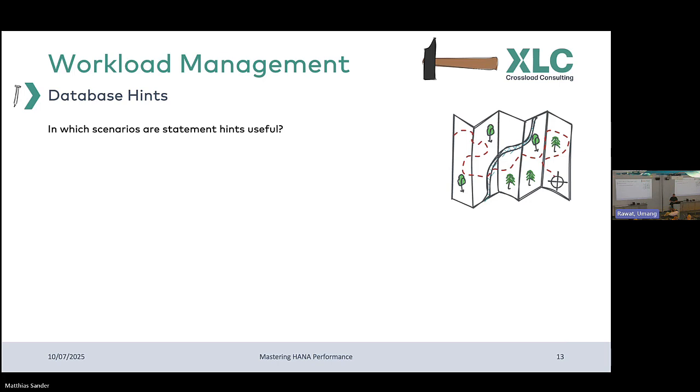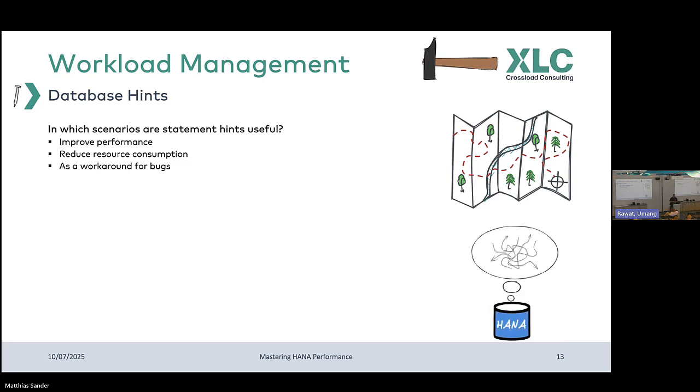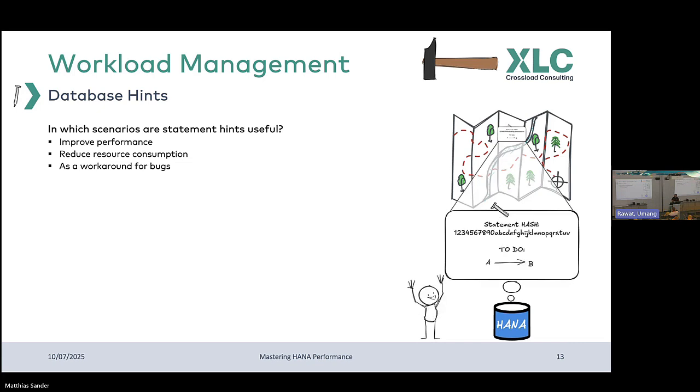In which scenarios are hints helpful? They can really help to improve performance, to reduce resources, or also to avoid bugs. If the HANA database is doing something it usually should not do, doing some confusing stuff, everything takes long, and your users are getting angry, you have the possibility, with some kind of hint on the map, to say: hey, do it this way, or avoid doing it that way.